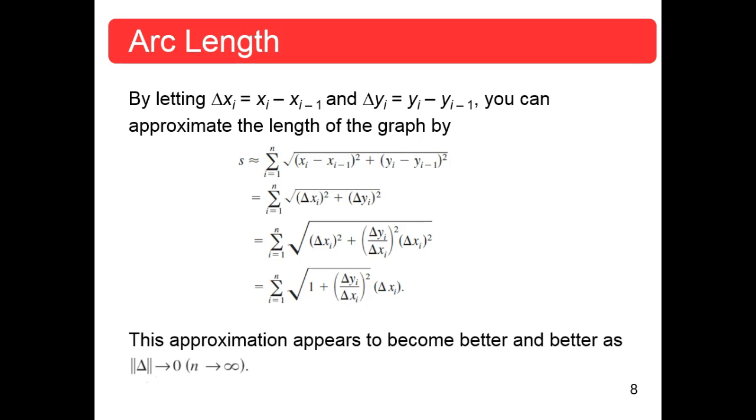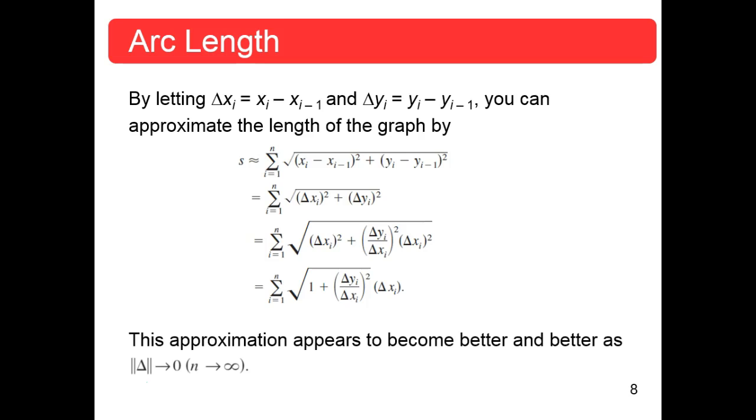Well, you can call that delta x sub i squared plus delta y sub i squared. Is that really all that helpful? Well, maybe. Here's a trick, nothing but a shell game maneuver.